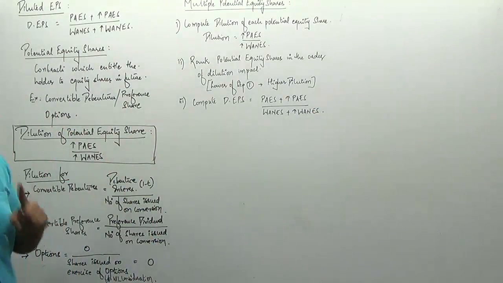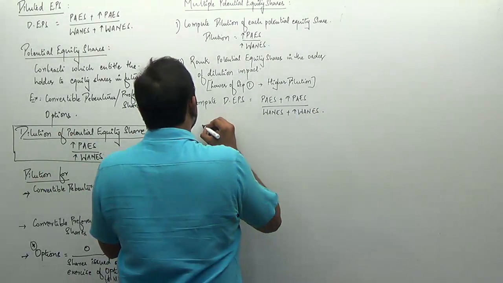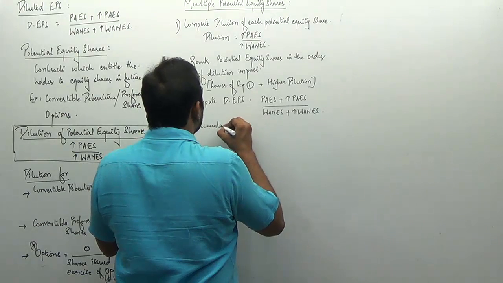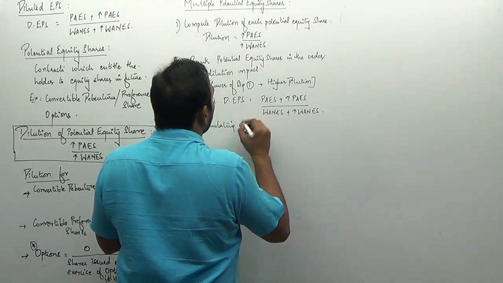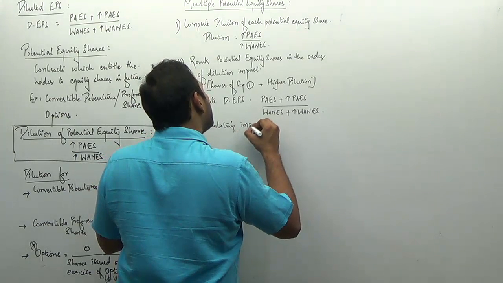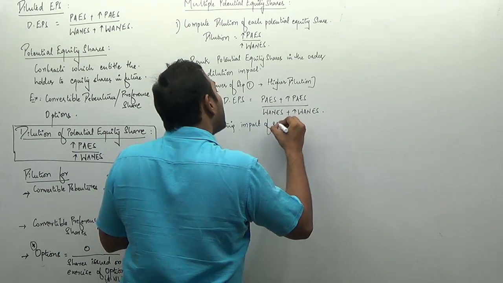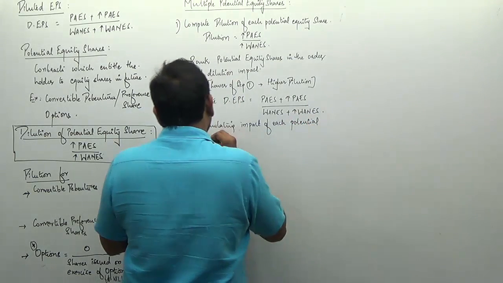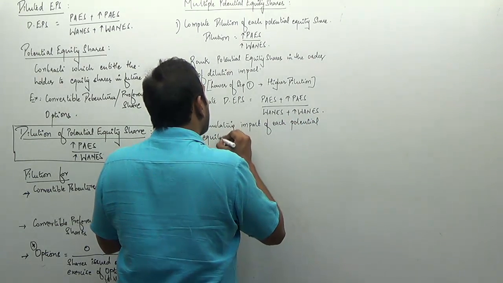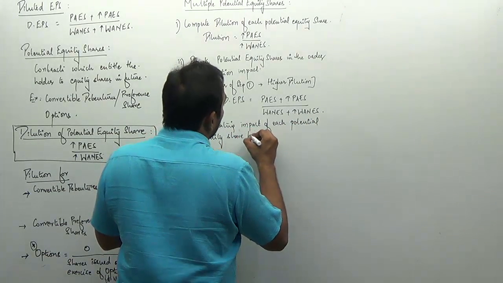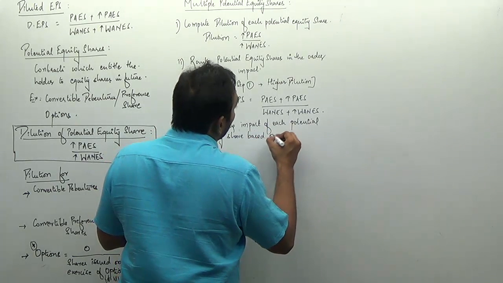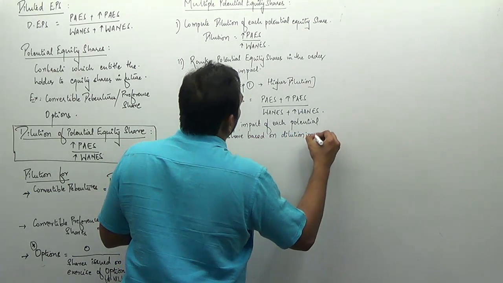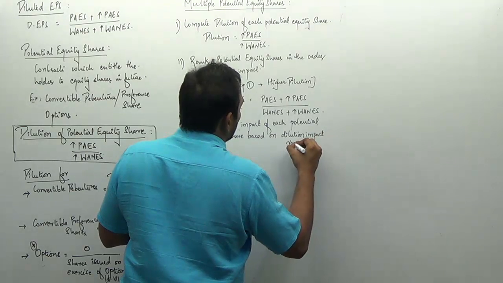Using this formula, calculate your diluted EPS, cumulating the impact of each potential equity share based on the dilution impact rankings.